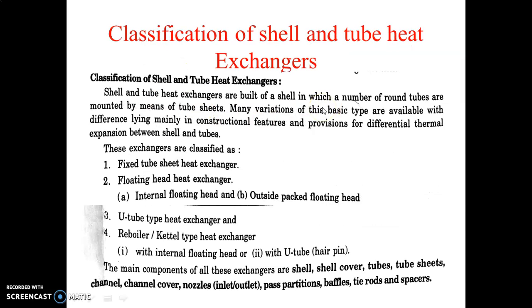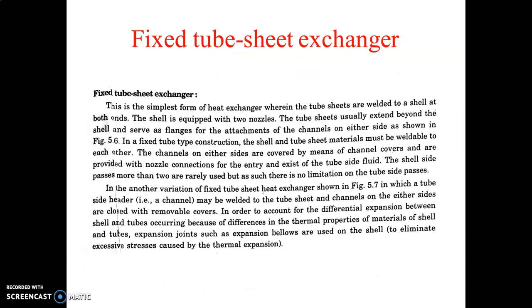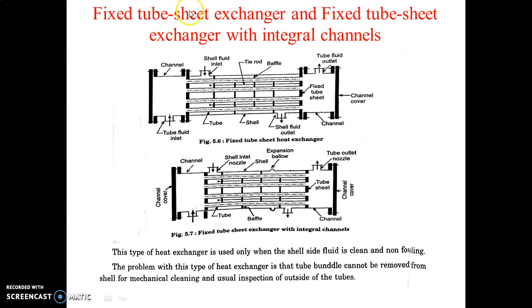Then we discussed the classification of shell and tube heat exchangers, and at the end of the lecture we discussed the fixed tube sheet exchanger with two variations. So here I am concluding the lecture, and the remaining heat exchangers we will discuss in the next lecture. Thank you.